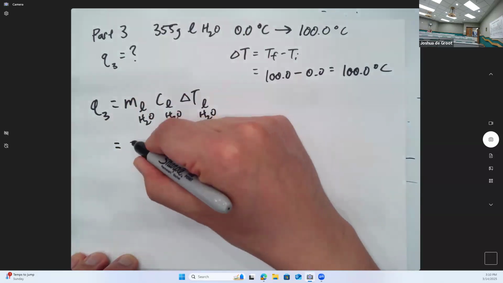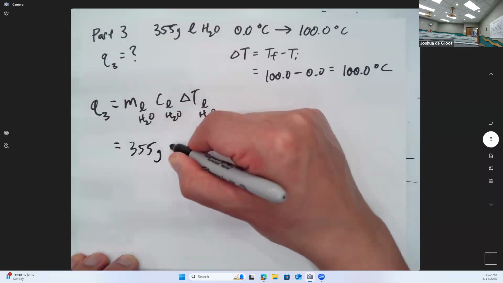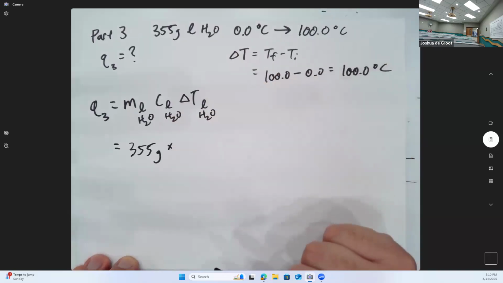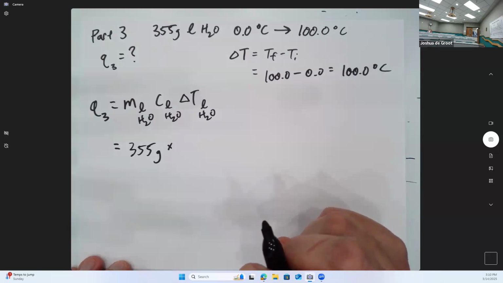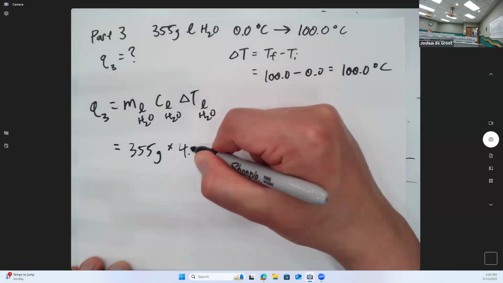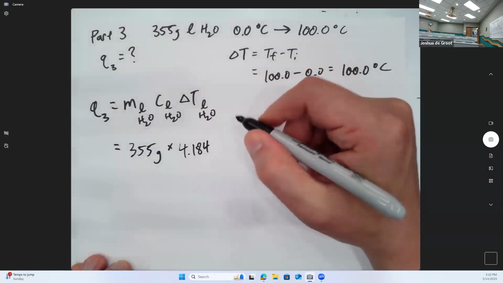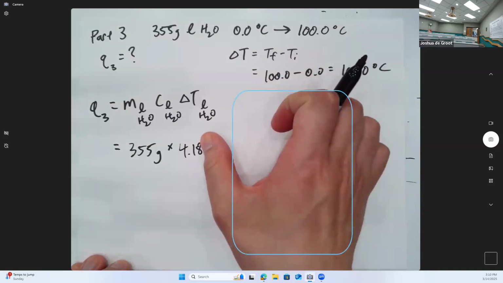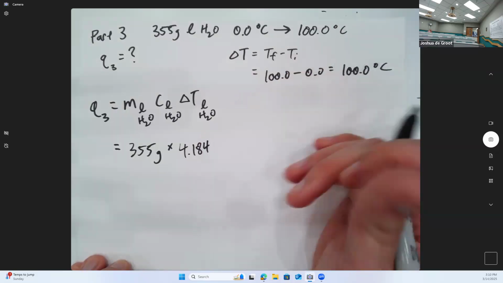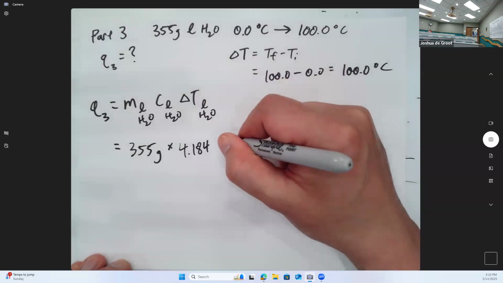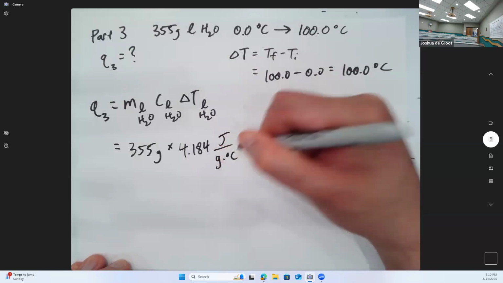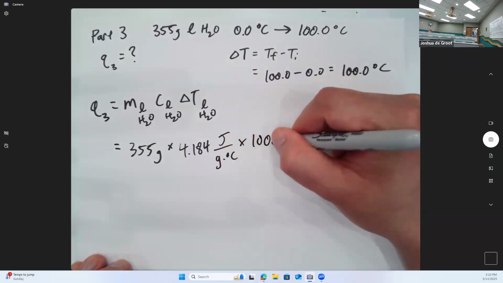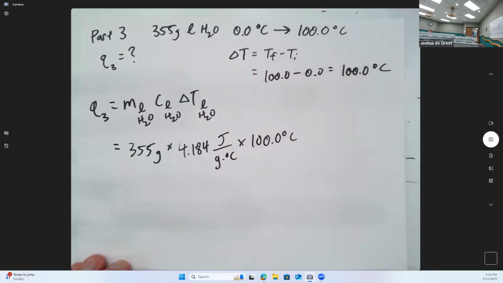So we go 355 times which one? Yep, 4.184. In some books and homeworks, they won't write that last 4. I wouldn't worry too much if it's there or not. Joules over grams, degrees Celsius. And we got a delta T of 100.0 Celsius.